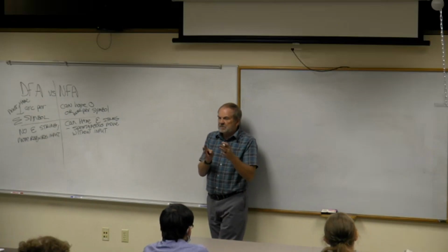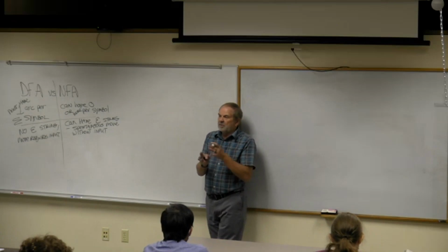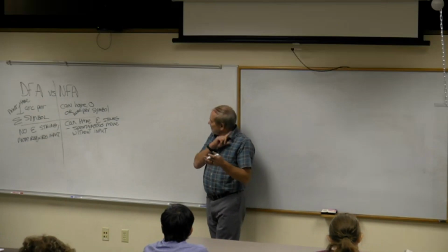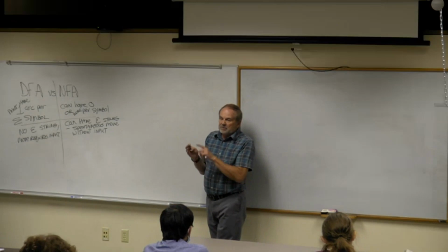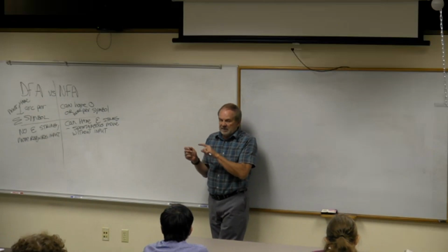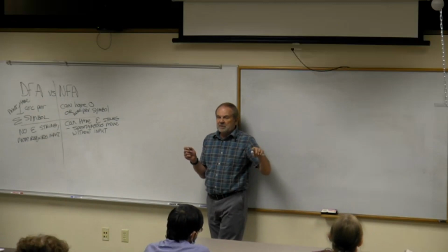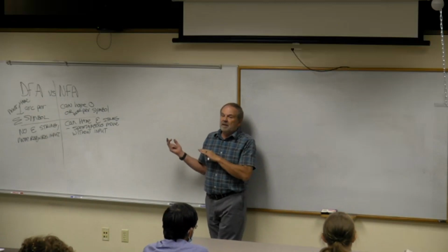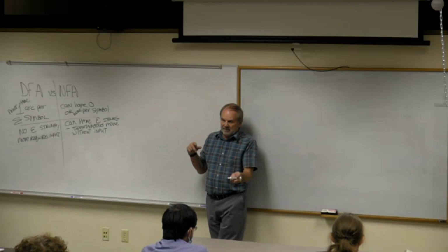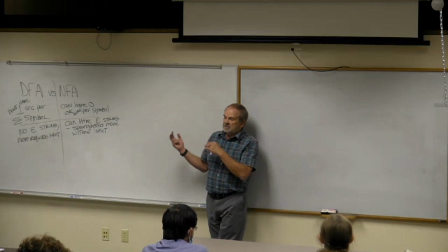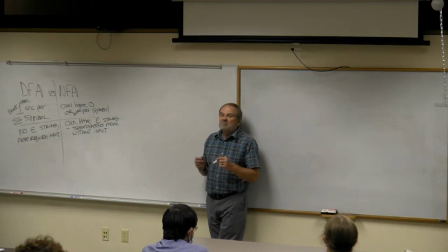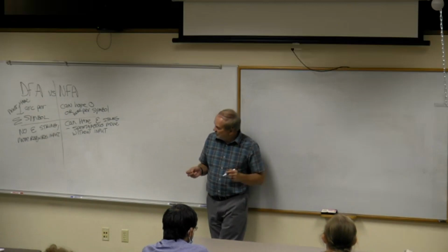There's never any choice, and it always has a move for each symbol. So its whole processing is look at the symbol, move. When it runs out of symbols, it says, where am I? If I'm in an accept state, accept. If I'm not in an accept state, then reject. All right, so it's very mechanical, I guess.